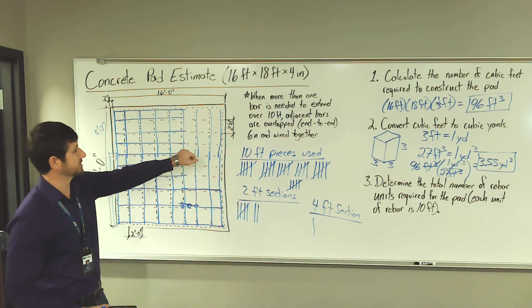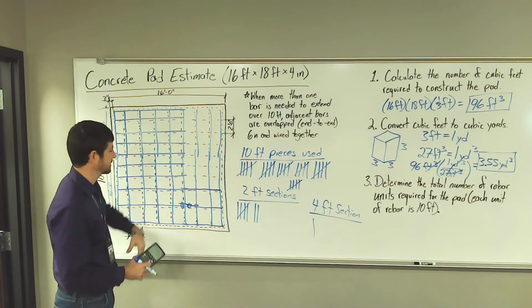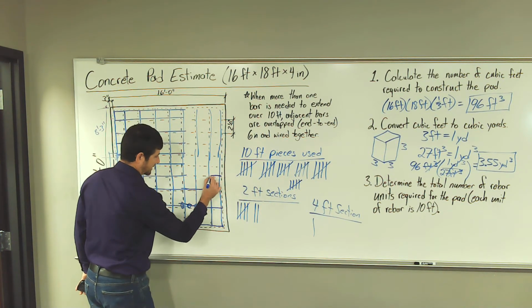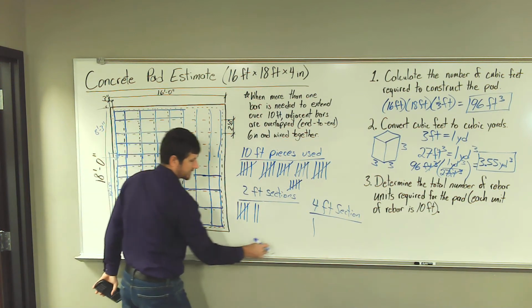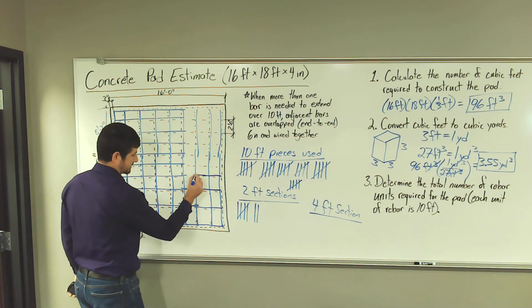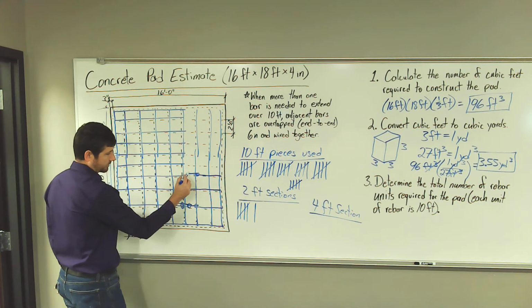All right, so the dimension between these lines here is 2 foot. Okay, so what I'm going to do once again is lay down another 4-foot piece of rebar. So I'll erase that. A 2-foot section, we'll use that there so we can wire that together. And then we're going to have to overlap these.